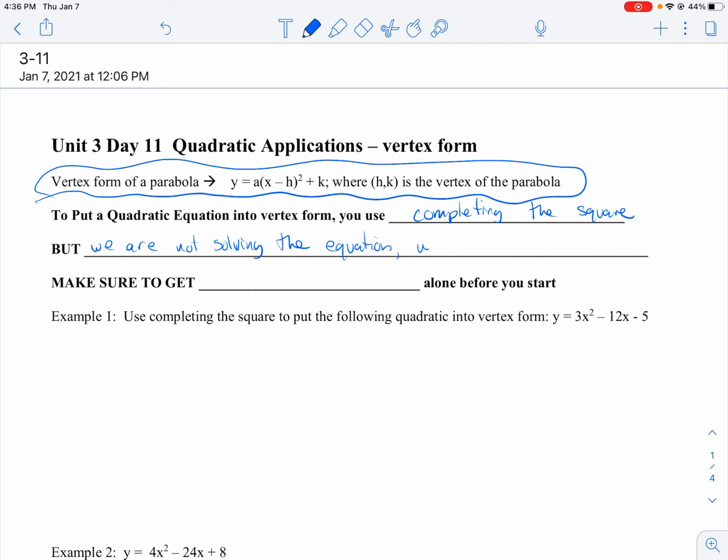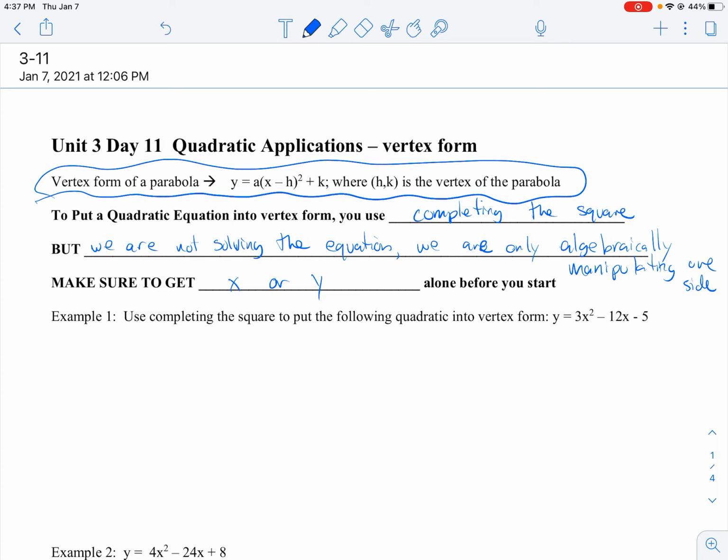We are only algebraically manipulating one side. So a little bit lengthy there, but we're not solving the equation. We're only algebraically manipulating one side, and make sure to get x or y alone before you start.